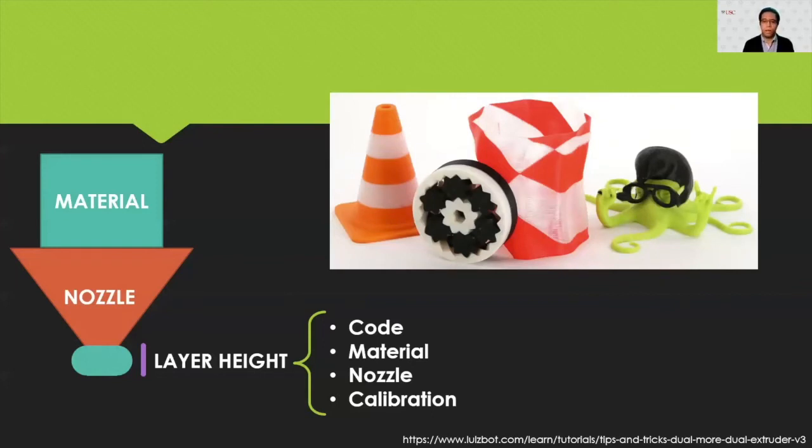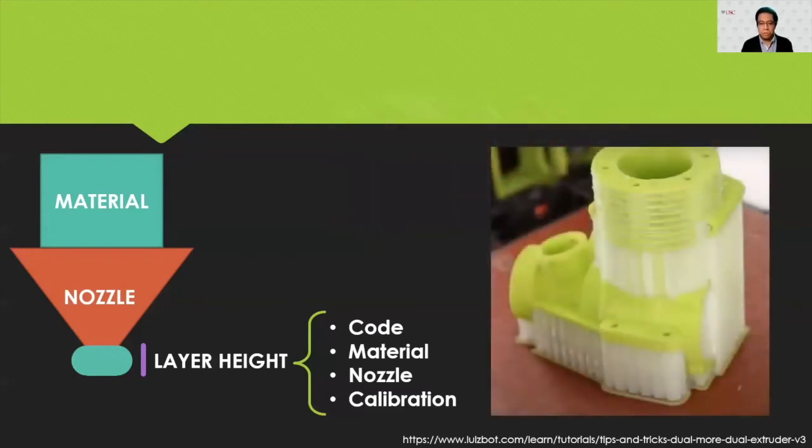For example, we could have a tool that uses hard plastic as the structure and also soft plastic for a better grip, or a piece with a geometry that is too complex and requires printing support material. With a head like this one, we can use support material that is easy to remove or even soluble in water.